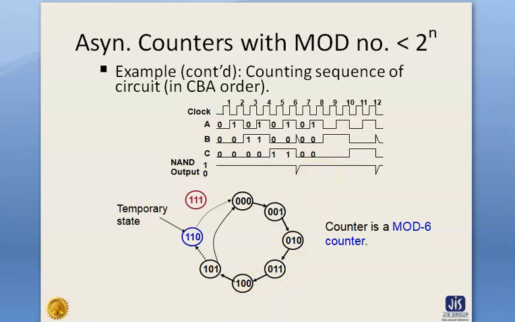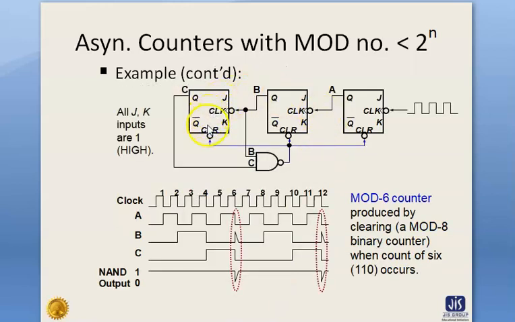In this logic diagram we can see the inputs to the NAND gate are the outputs of flip-flops B and C. The NAND gate output is low when B and C are both equal to 1; otherwise the NAND gate output is high, which does not affect the clear input of any flip-flop.